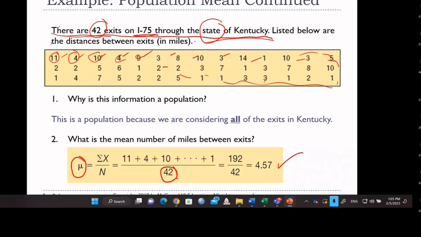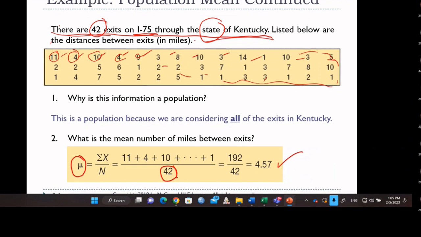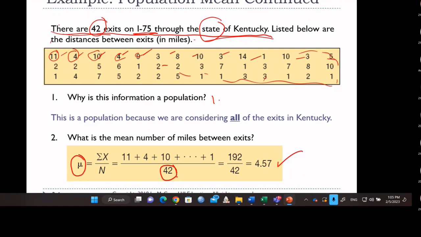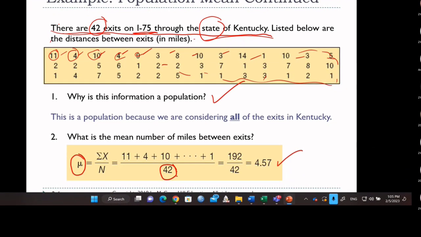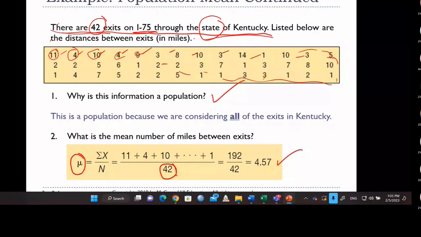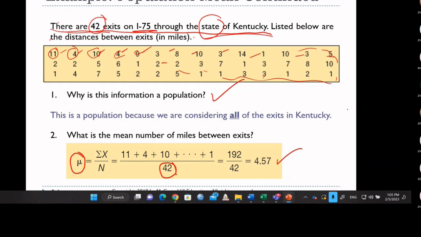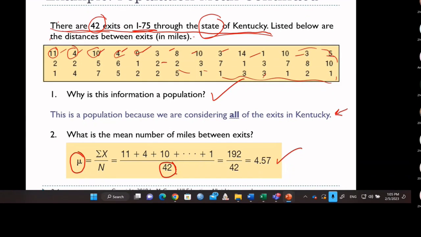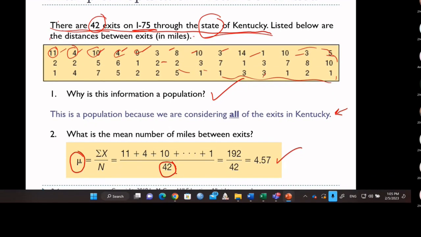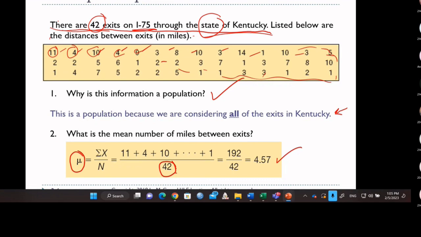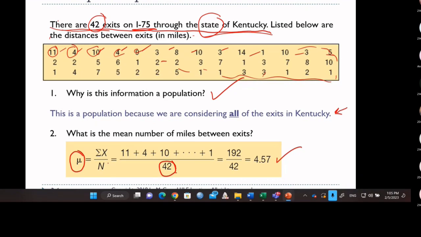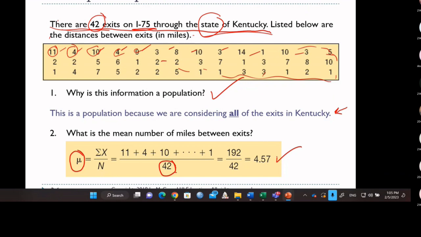So it's considered a population, not a sample, because it covers all of them. The mean, the sum of this data divided by its number 42, is 4.53.